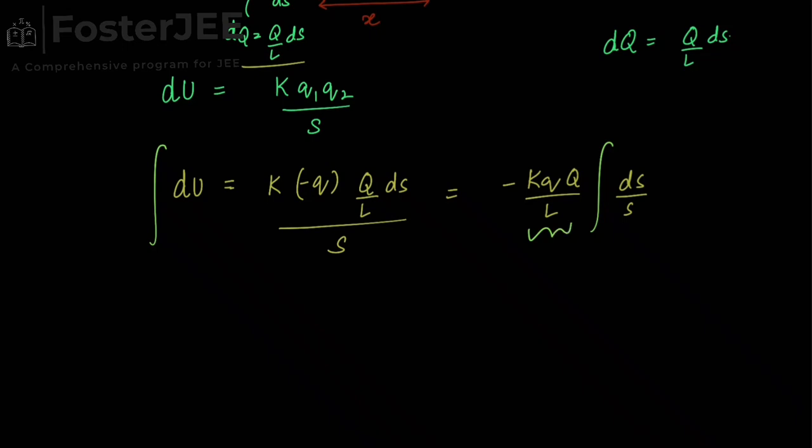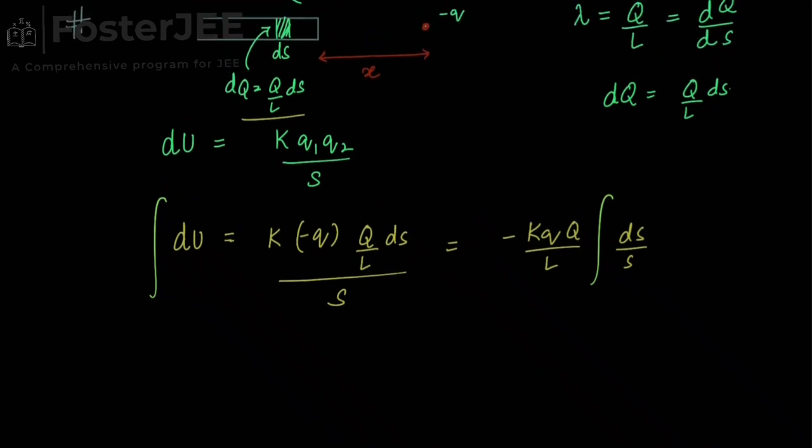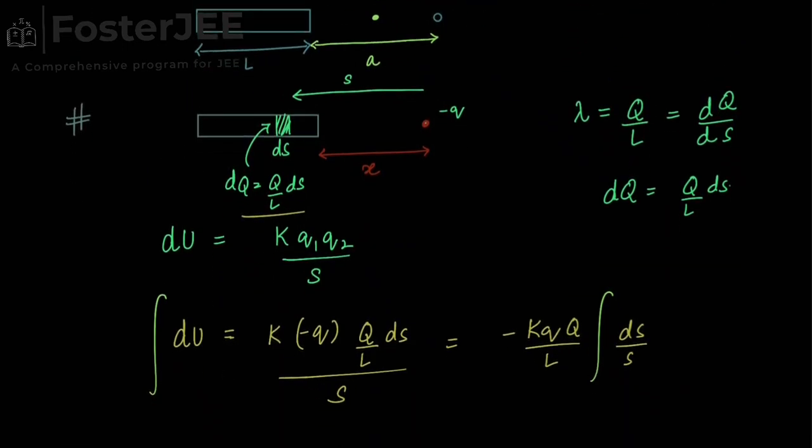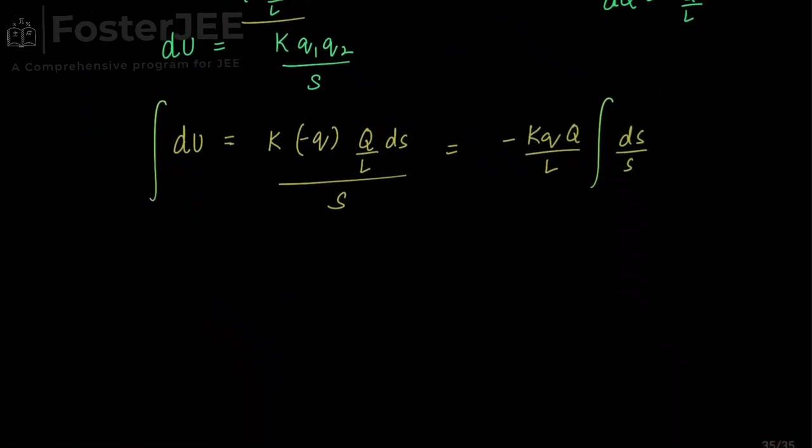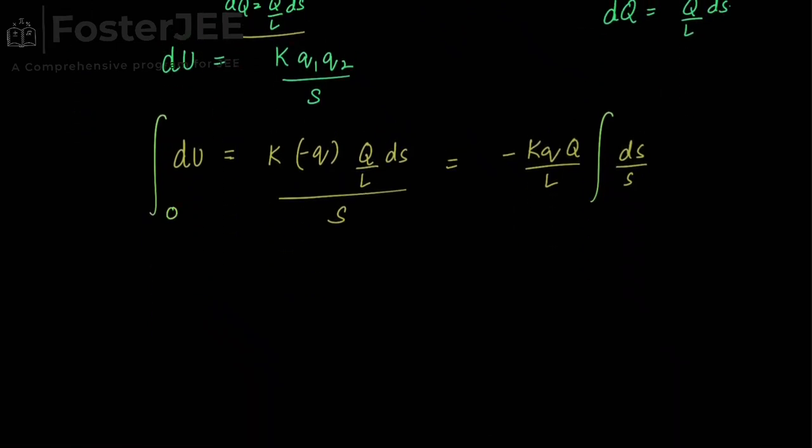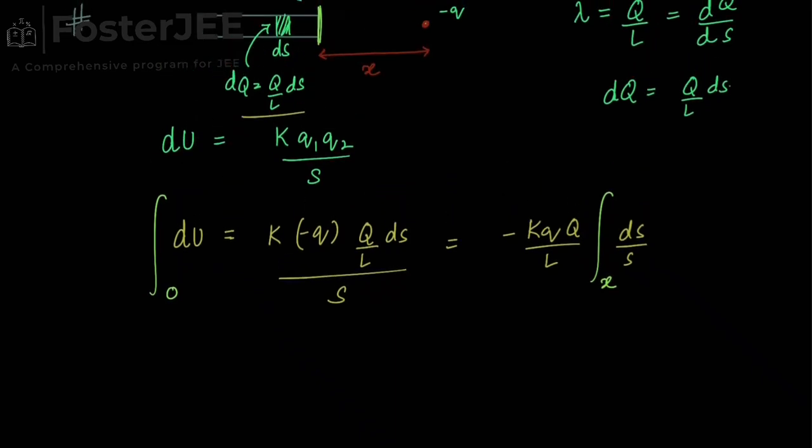this term is constant. Now when s is equal to x, in that case no element of the rod was being considered. So in that case the potential energy of interaction will be 0 at s equal to x.